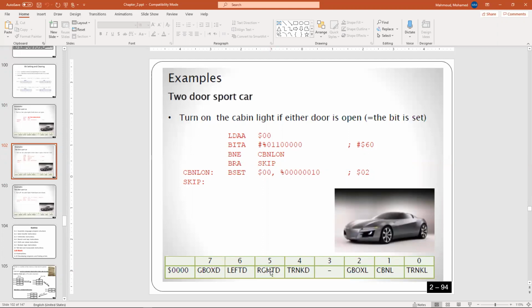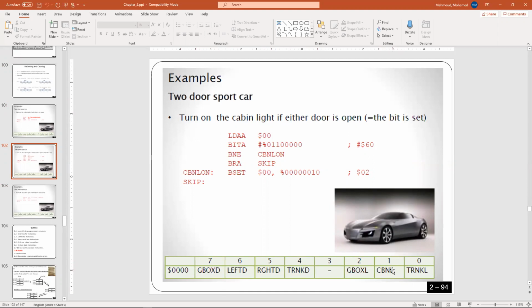I also have some bits here to turn the cabin light on or off. So here you need to check some bits. I'm going to give you different logics. For example, for this one, I want to turn the cabin light on by putting 1 in this bit.